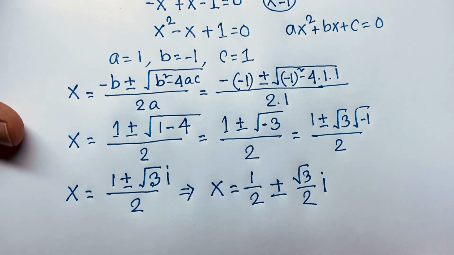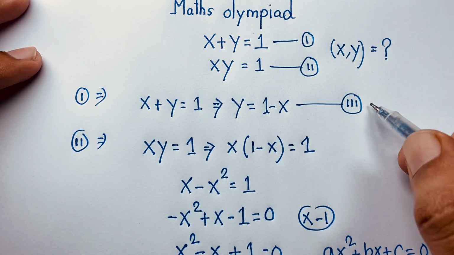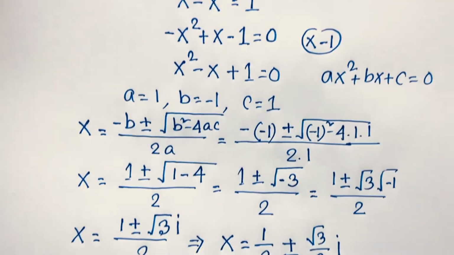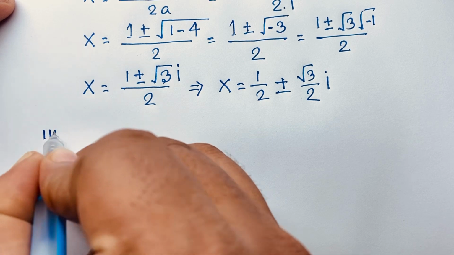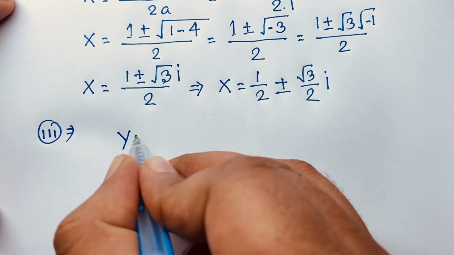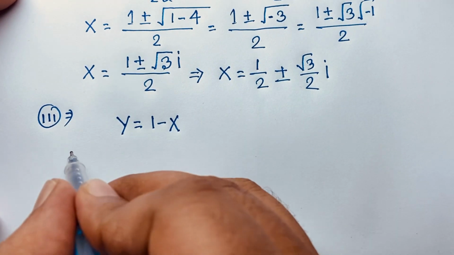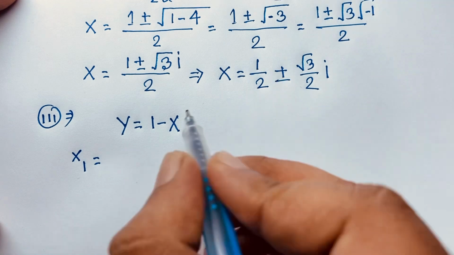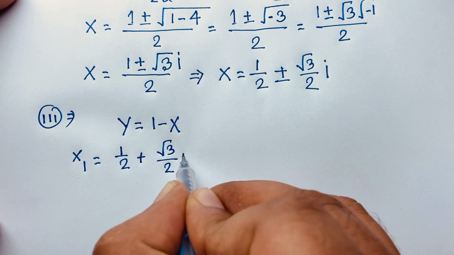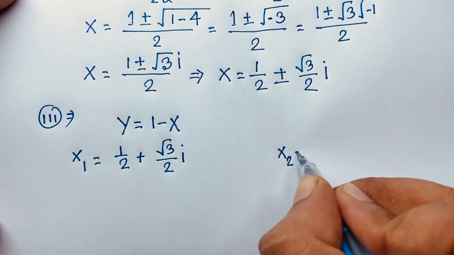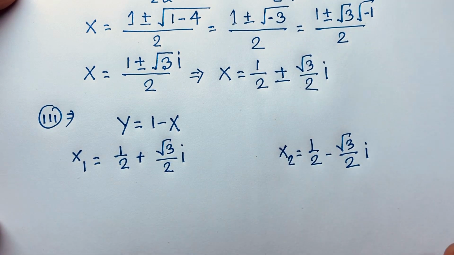Now we'll find the value of y, but recall our third equation, it will be y is equal to 1 minus x. We will put the value of x in this expression. This is our third equation, but we'll find here x1 will be half plus square root 3 over 2 i, and x2 will be half minus square root 3 over 2 i.